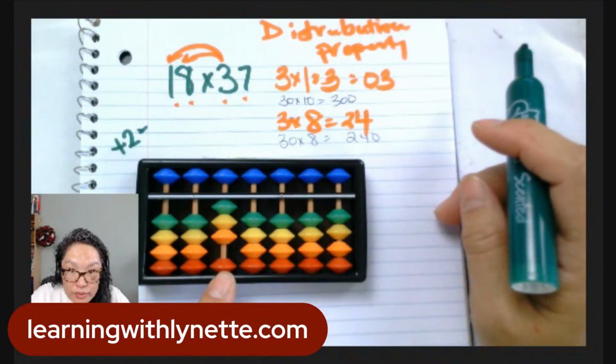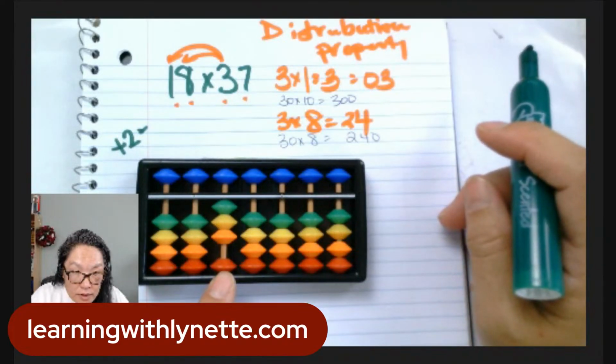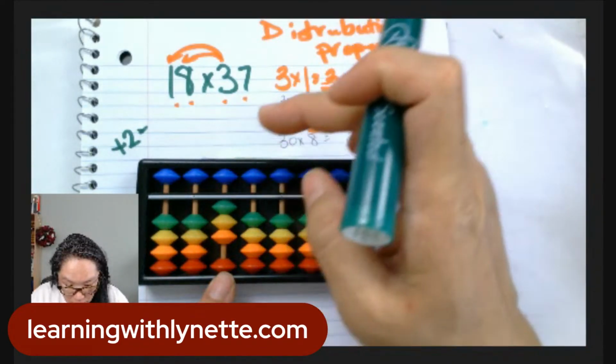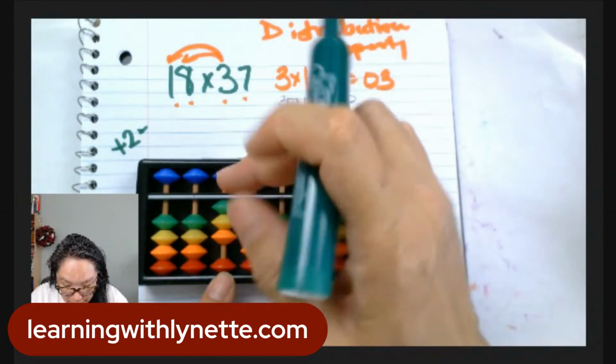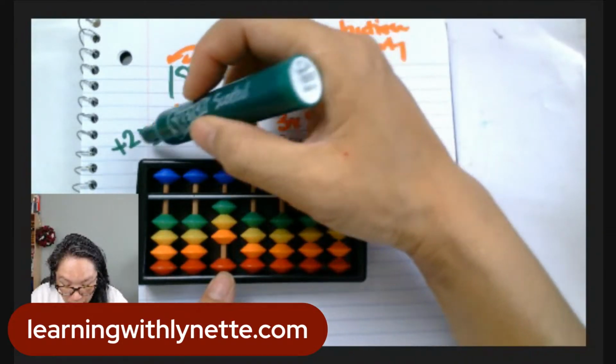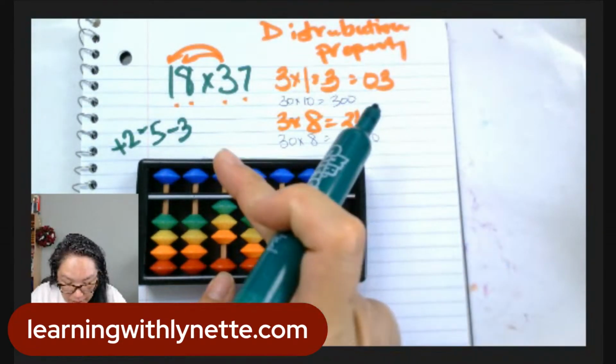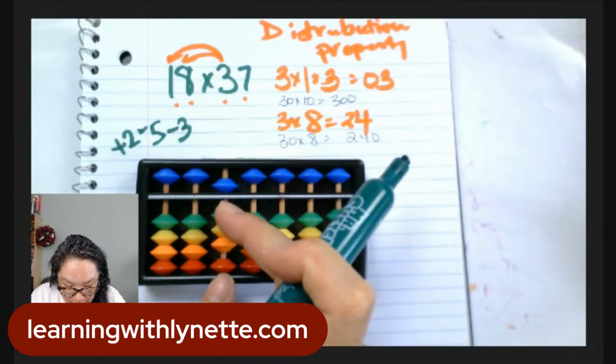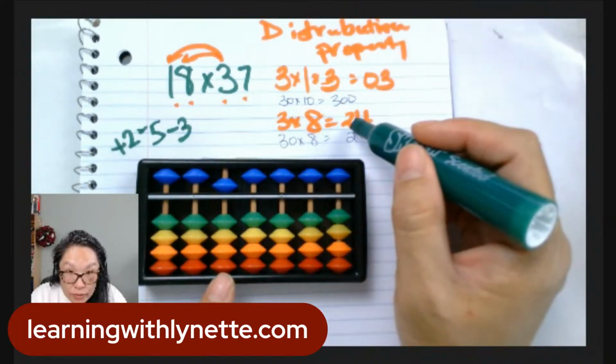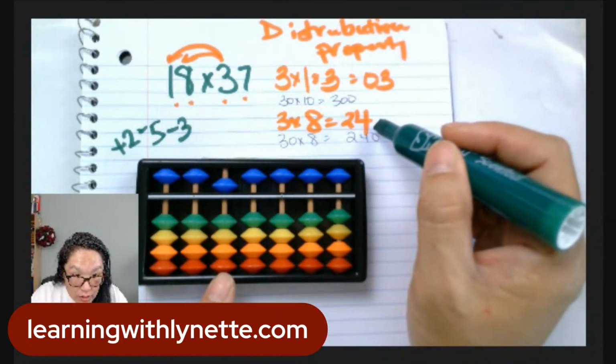Yes, thank you. Plus the 2 is plus the 5 minus the 3. So when we talk about it, we want to say it in numbers. Plus the 5 minus the 3. That was the 2. And then we need to add the 4.